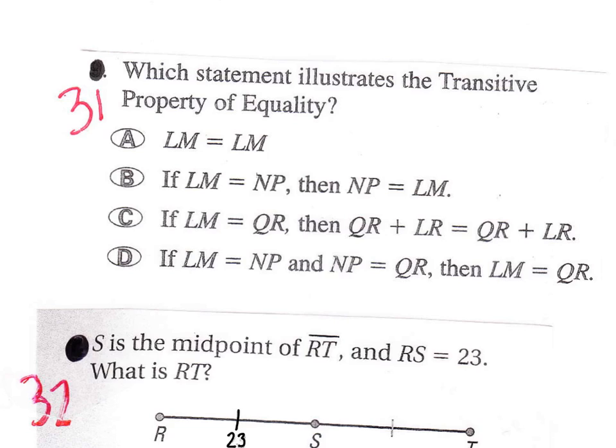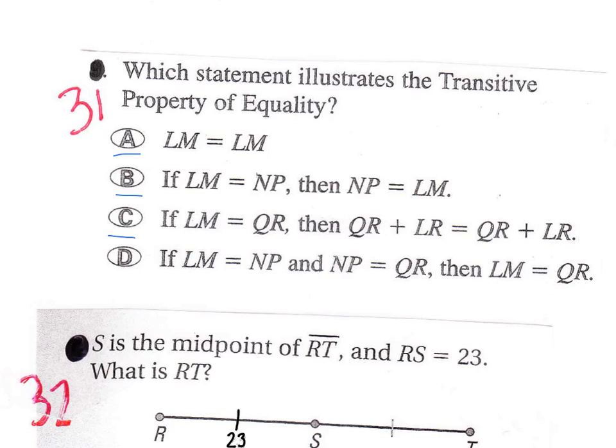Number 31, which statement illustrates the transitive property of equality? Transitive property. Is it A, Lm equals Lm? B, if Lm is equal to Np, then Np is equal to Lm.